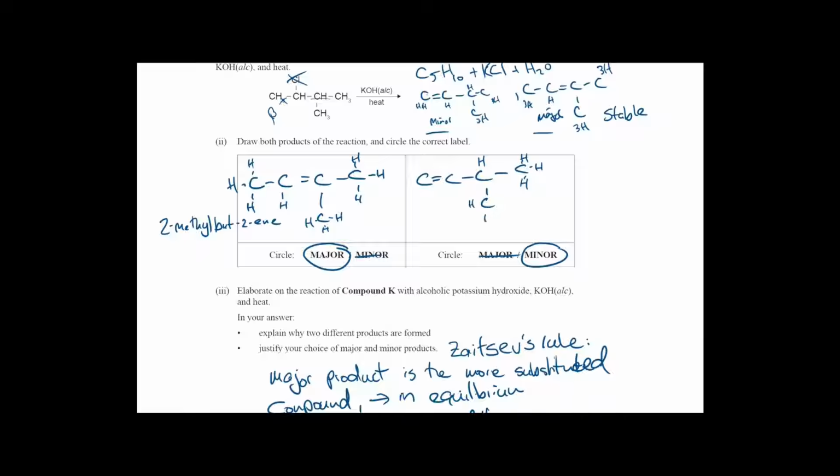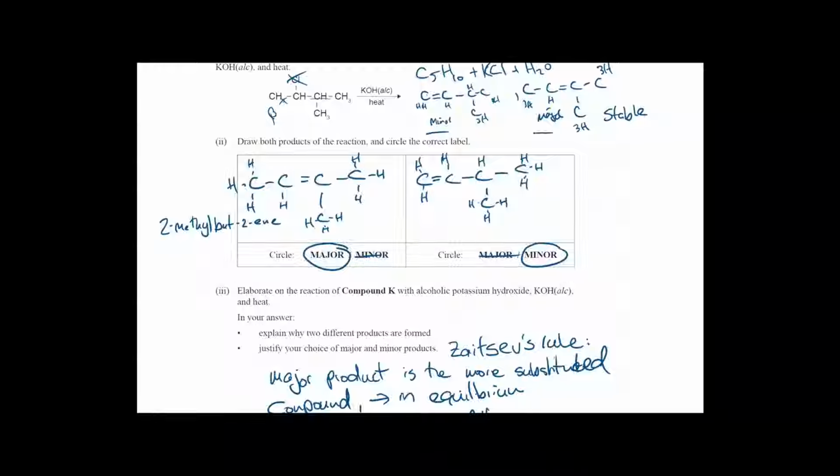This needs 3 hydrogens. This needs 1 hydrogen. Again, I'm not doing VSEPR theory, I'm just showing where they are. And this one has 2 bonds, so it needs 2 hydrogens. And that's our minor.